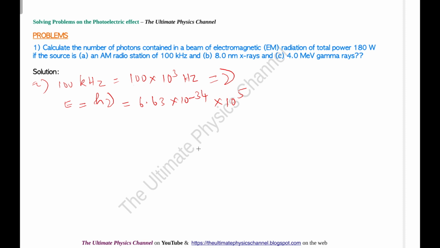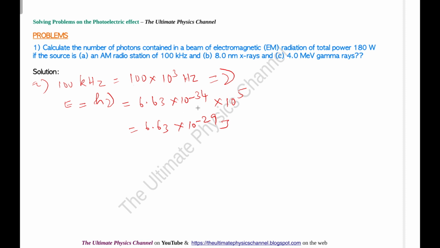So we end up getting 6.63 times 10 power minus 29 joules. This is the energy.